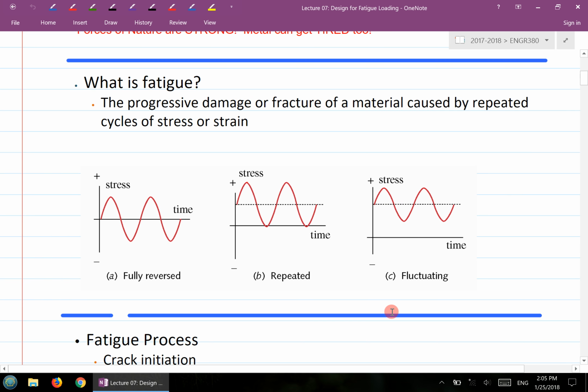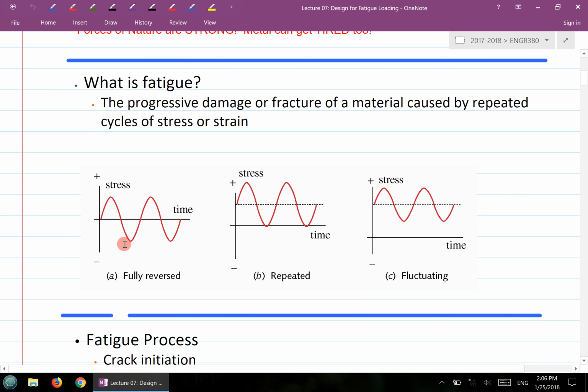That's the kind of thing we call fatigue. We just feel so tired. And for metal, it's very similar too. You have a certain cyclic type of loading that keeps acting on the metal parts.